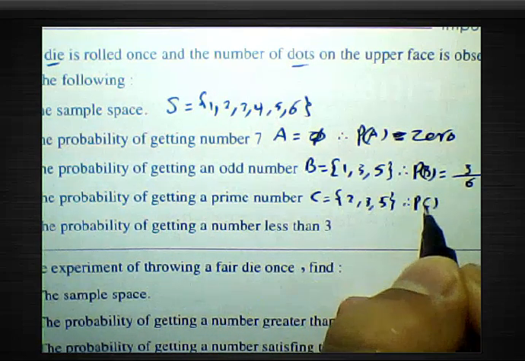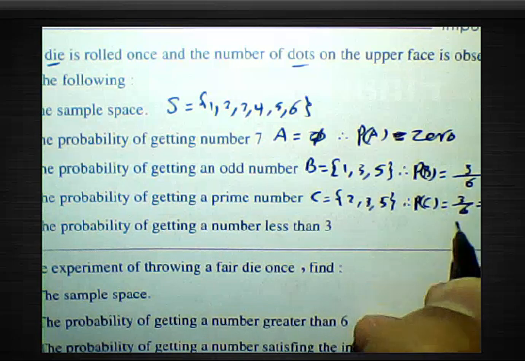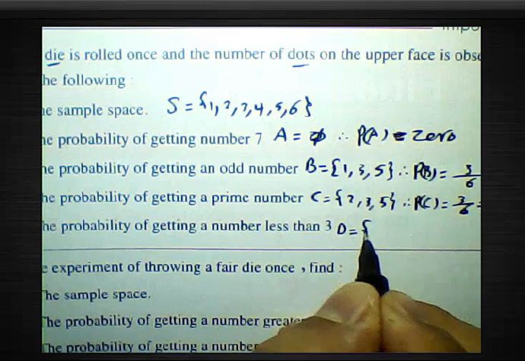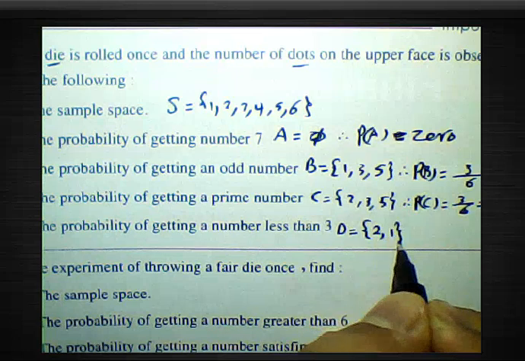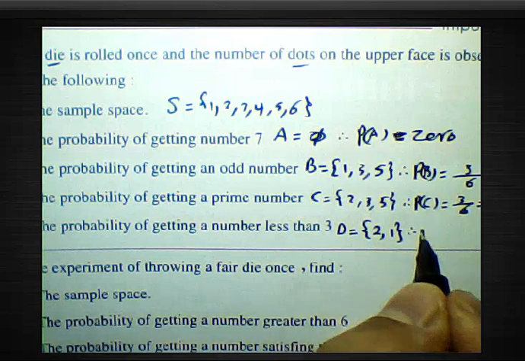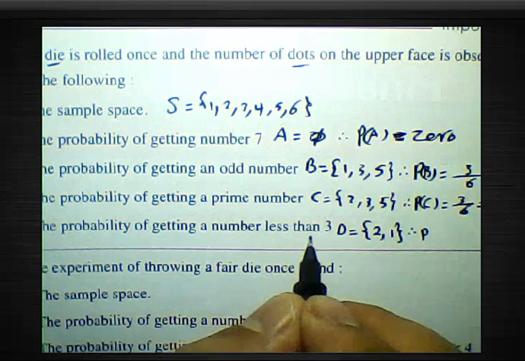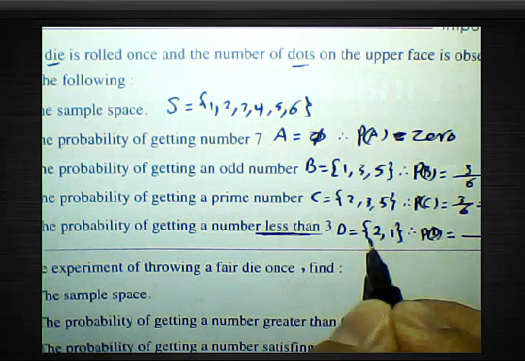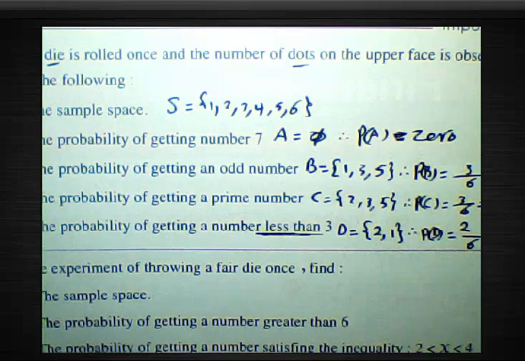The probability of C equals 3 over 6, which is 1 over 2. Probability of getting a number less than 3: 2 and 1. We have 2 numbers from 6 numbers, so it is 1 over 3.